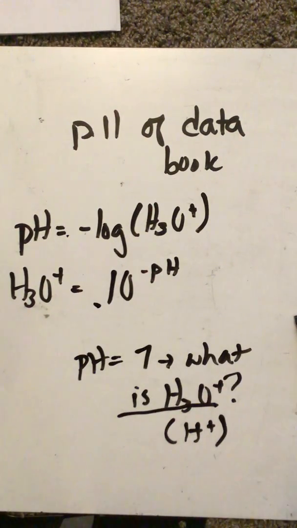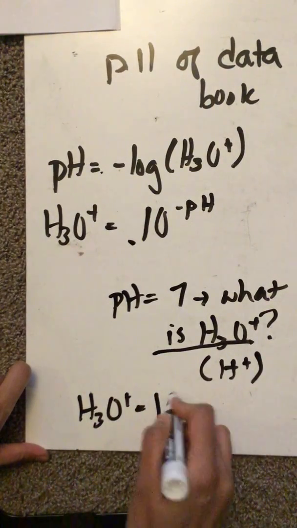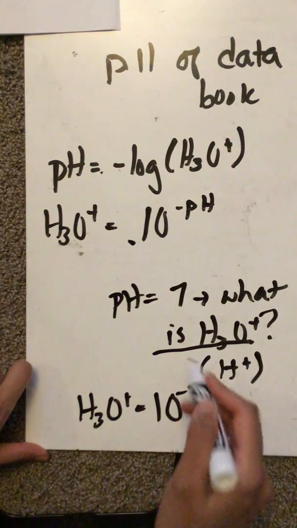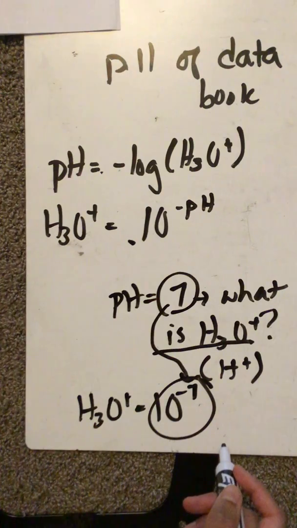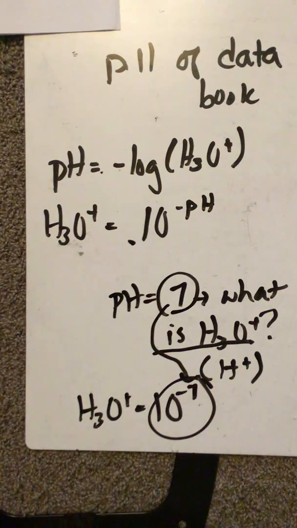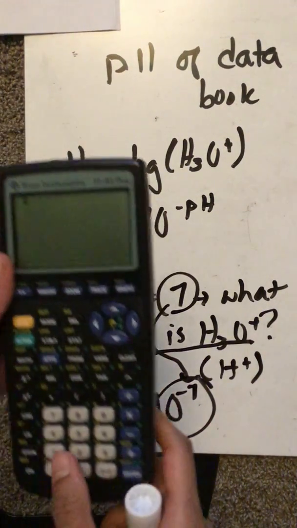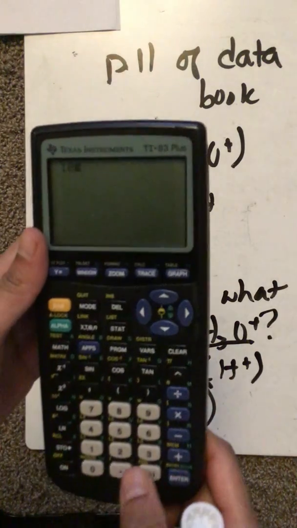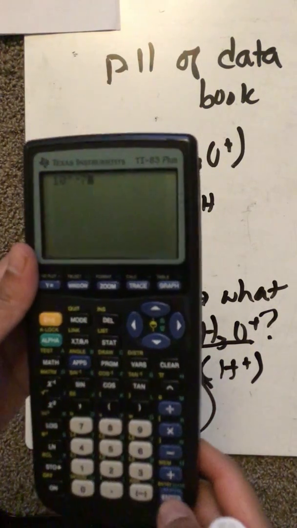And in order to calculate that, H3O positive is equal to 10 to the negative 7. So 7 is the pH, and that's the number you put in there. When you do that, you clear the calculator and go 10 to the power of negative 7.